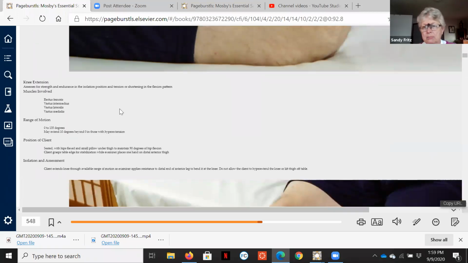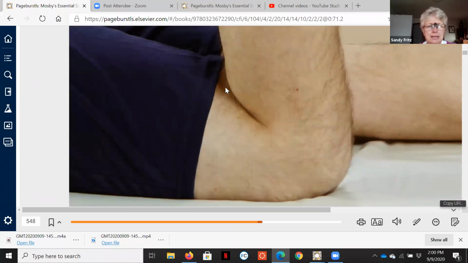And if we see that there is an issue, let's say we can't get the knee to go into full extension, it could be that these muscles aren't strong enough to pull, but it's more likely that these flexors here are not letting go. They're not letting the elongation happen.